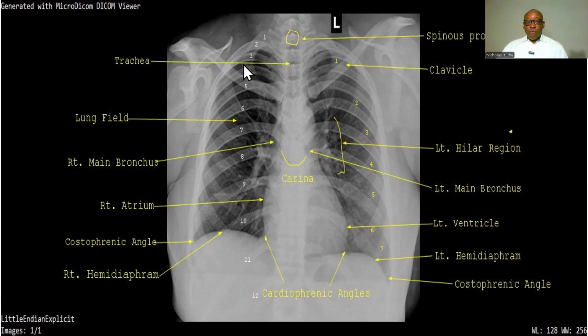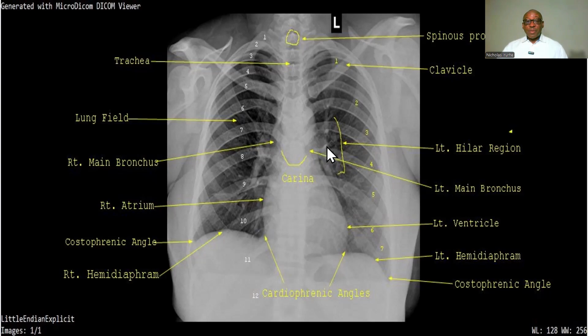Okay. If we go further, we have the lucency in the lungs or in the lung fields. And along with that, we have the hilum, left and right hilar regions. The hilum itself is formed by pulmonary vessels.